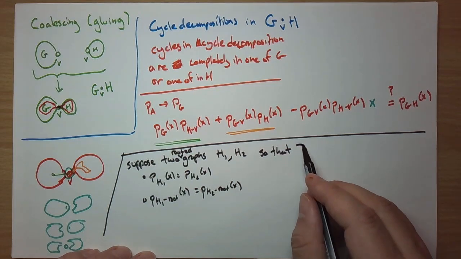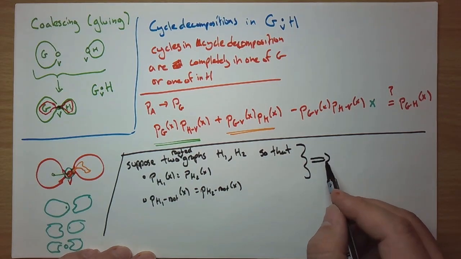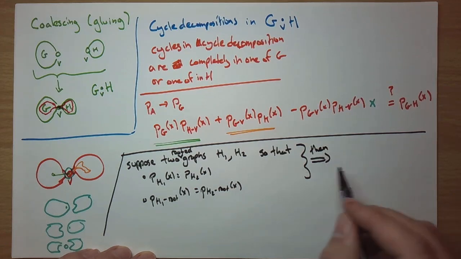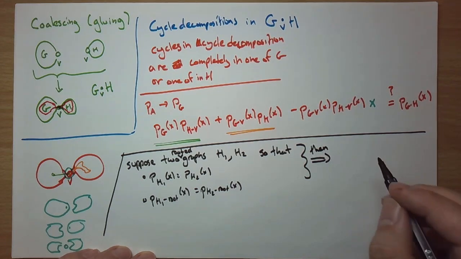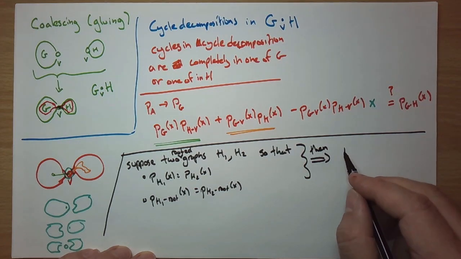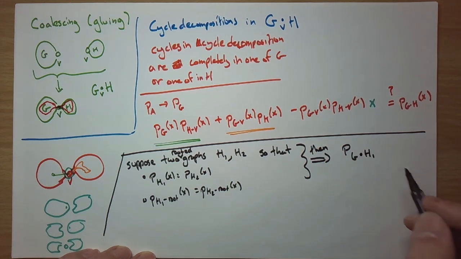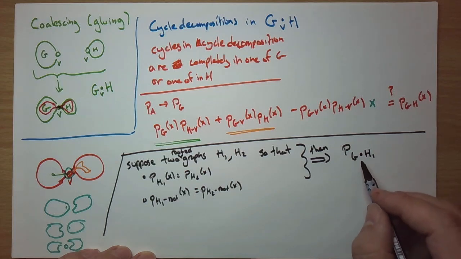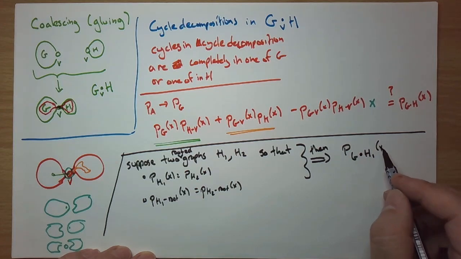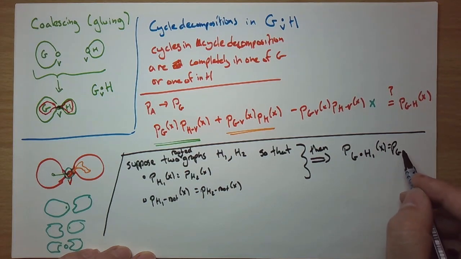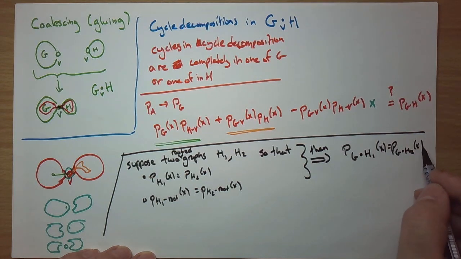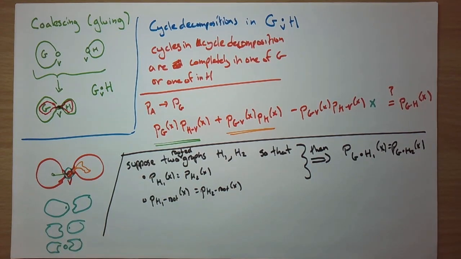Then the claim, so that's our arrow meaning then, if I look at P of G where I connect to H1 at the root, that's the same as P of G connect to H2 at the root. I should again think of G as there's a root, and I'm just joining at the roots. I'm being a little bit vague here, but not too bad.